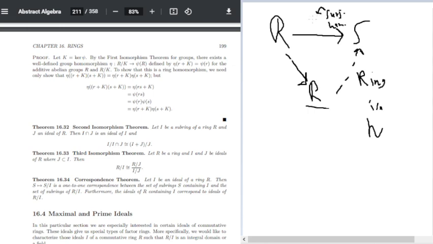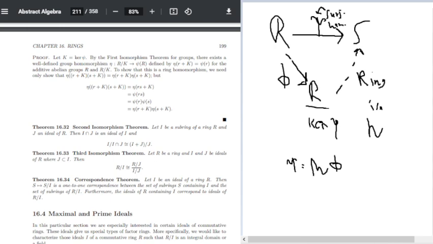Okay. This is a psi. This is a phi. This is the kernel of psi. And we want that phi is equal to eta psi.